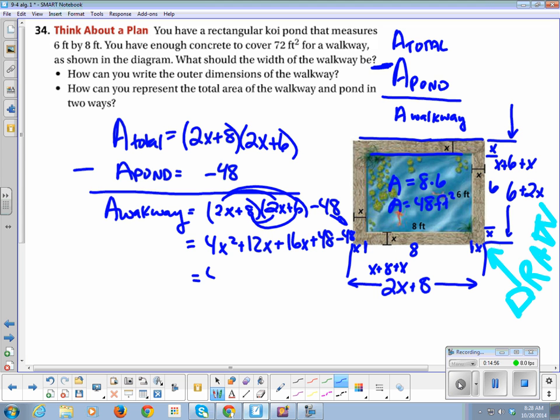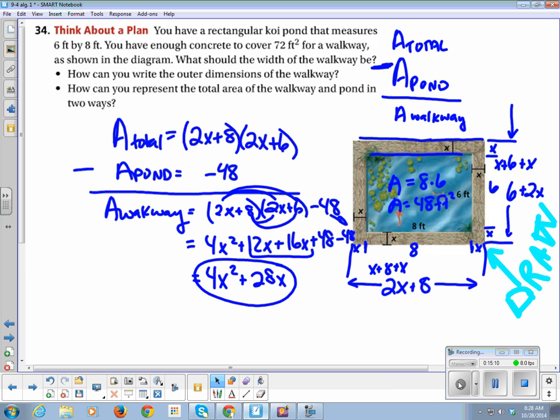So let's simplify. And we can write it the second way. 4x squared, these are like terms, 28x. So I can either write it like this, or I can write it like this.